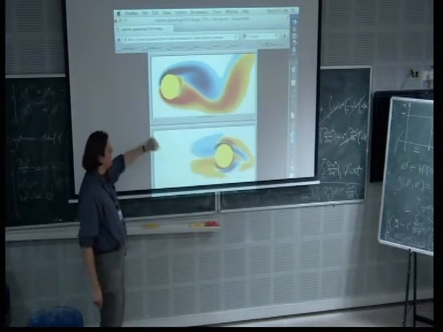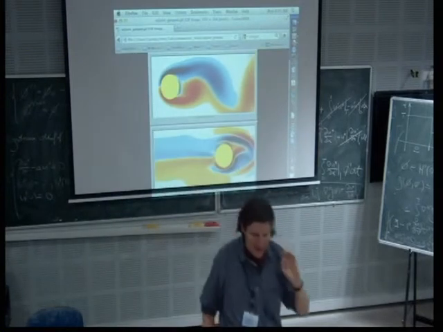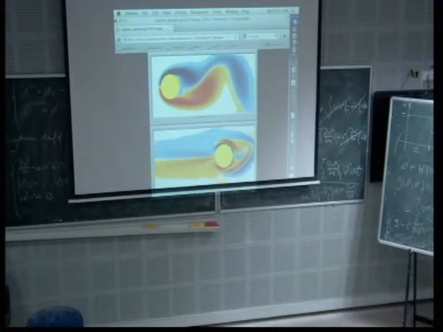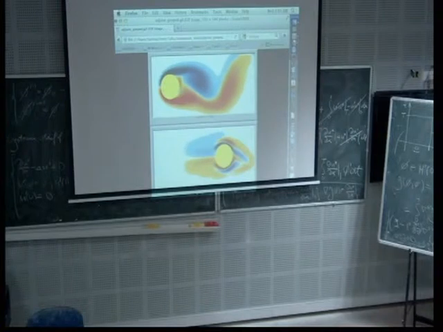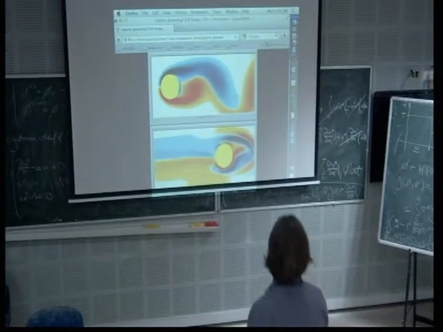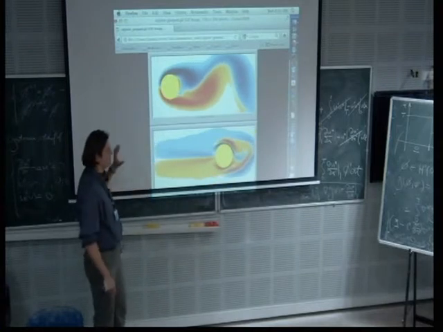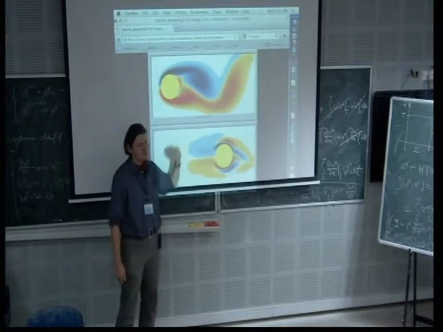Okay, there are two animations. The top animation represents the solution of the governing equation, which is basically a magnification of the solution I showed you at the beginning of the lecture. Whereas the bottom frame represents the solution of the corresponding adjoint system at the same instances of time.